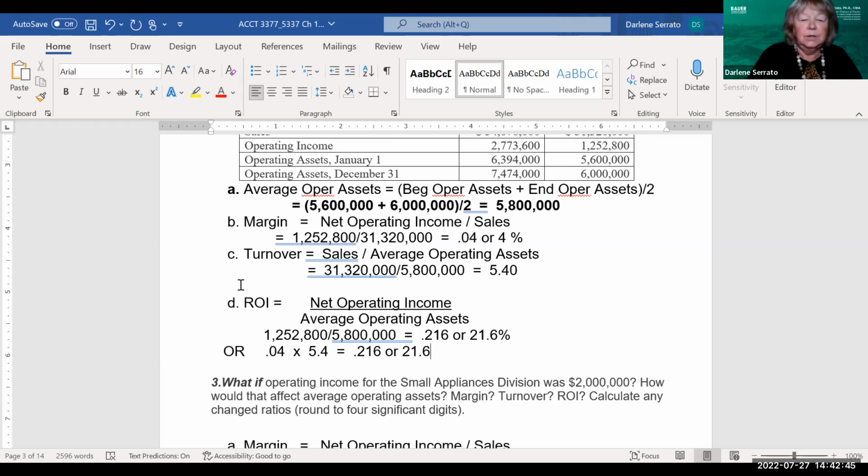It's quicker to just multiply these two small numbers, since you already have margin and turnover, to do ROI this way.